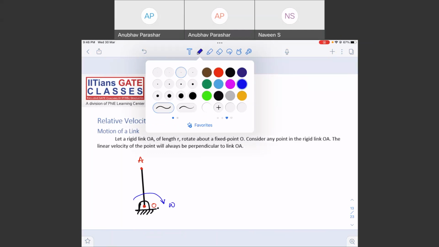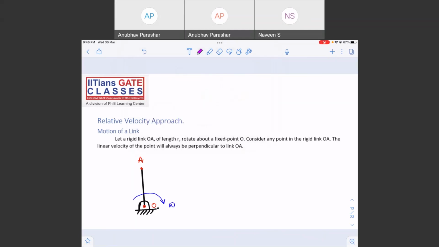First of all, what you have to understand here is, if you consider the velocity of any point in the link OA with respect to point O, it will always be perpendicular to the link OA.